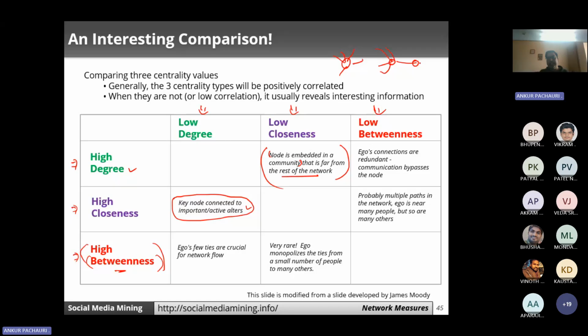Suppose, for example, this degree is just 2, but you are in the pipeline of the betweenness centrality, meaning you are in the pipeline of those weakest points, or you are in between communities. So you are very important to the network flow, but your own community is small.